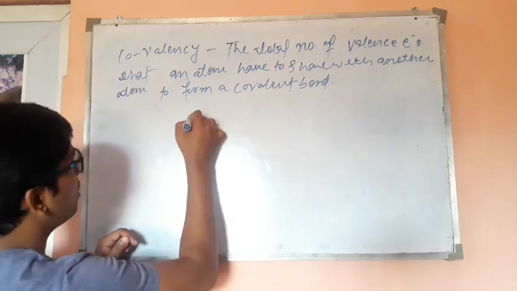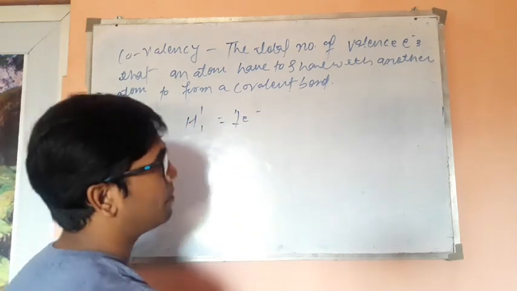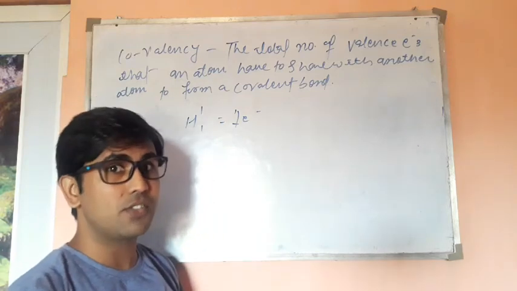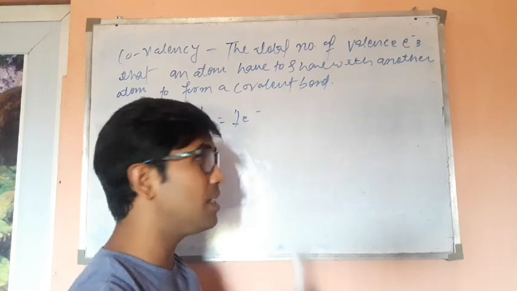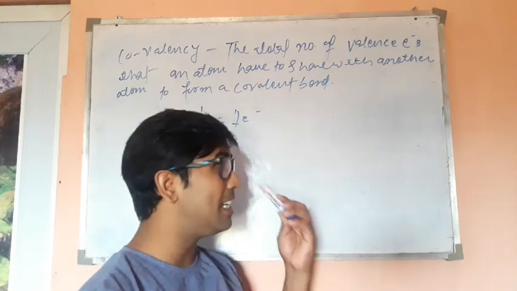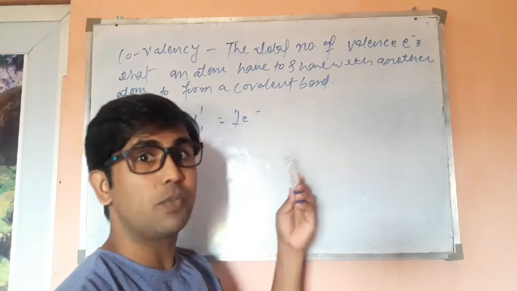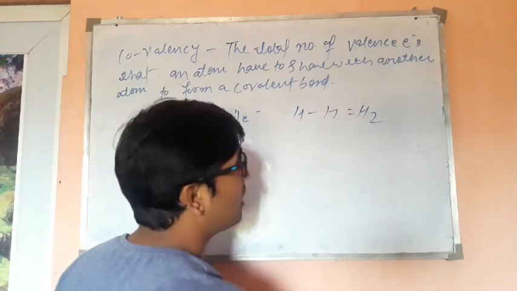For example, hydrogen has just 1 electron that it can share. So the covalency of hydrogen will be 1, because it has just 1 electron to make a covalent bond with another hydrogen atom. Hydrogen forms H2.